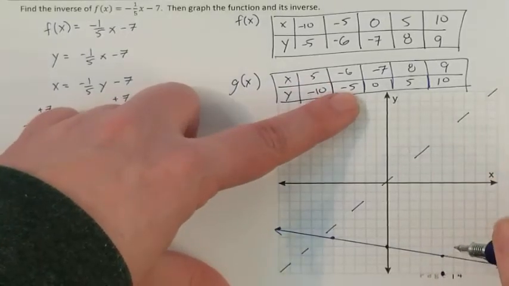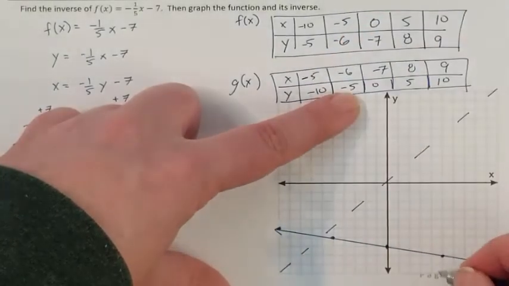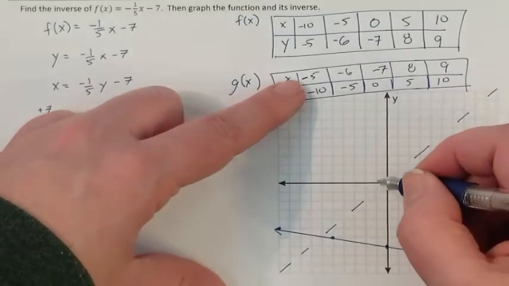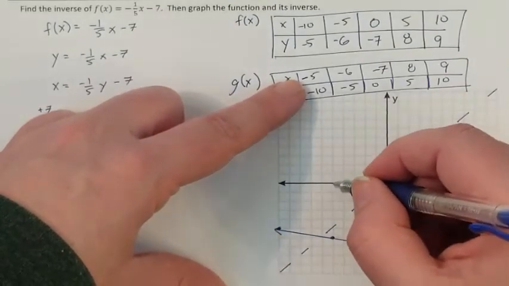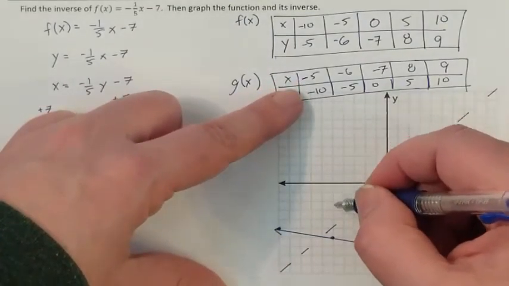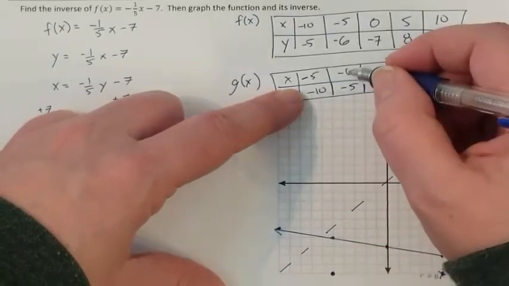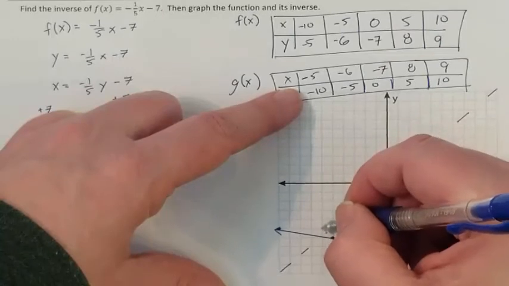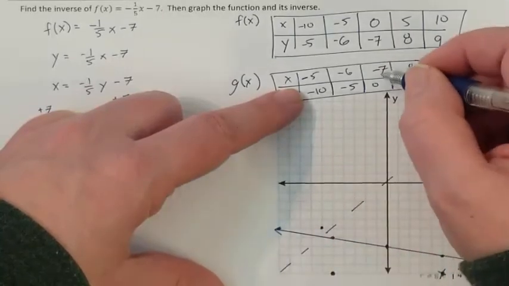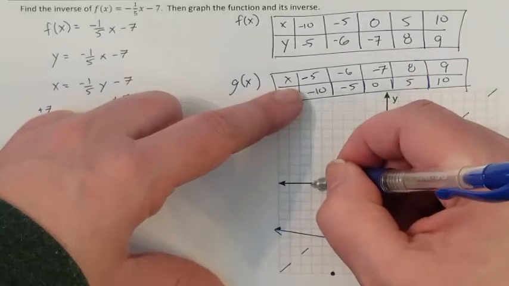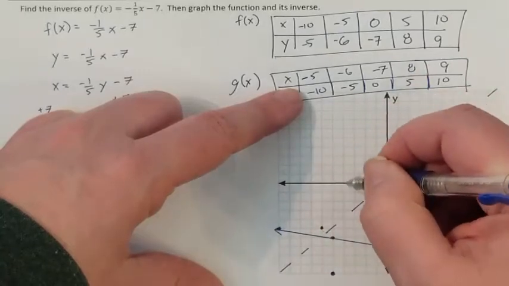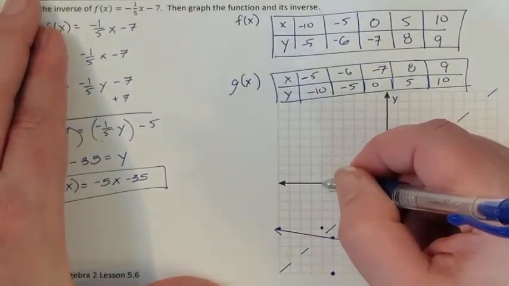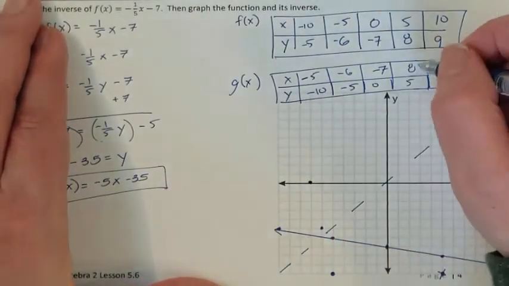That was supposed to be a negative 5, so that point actually didn't work. So negative 5, negative 10, all the way down to negative 10. Negative 6, negative 5. Negative 7, 0.